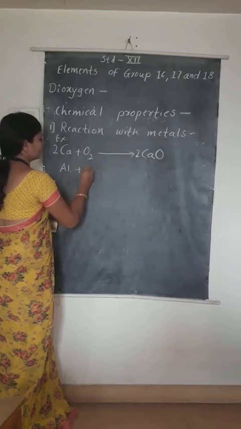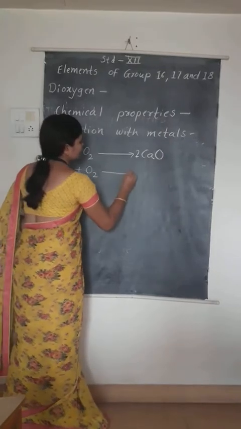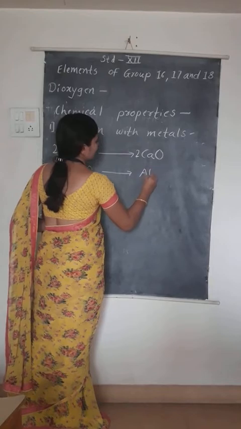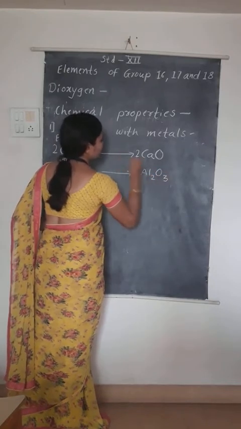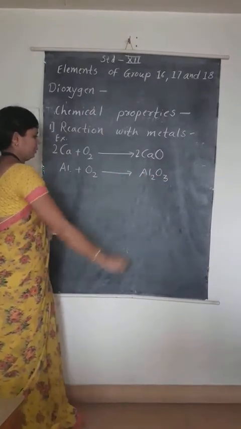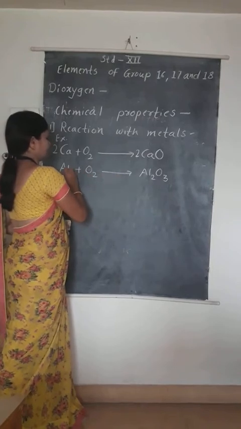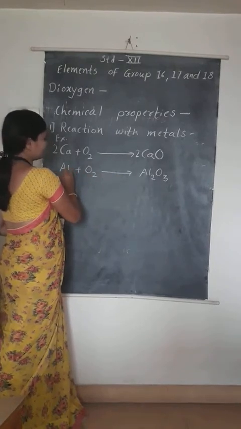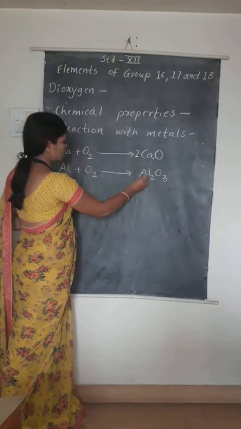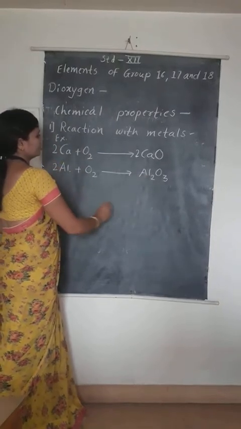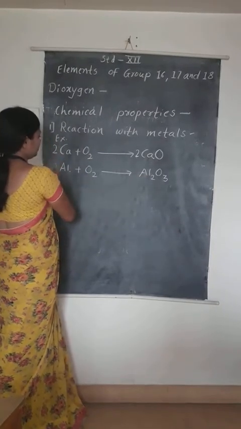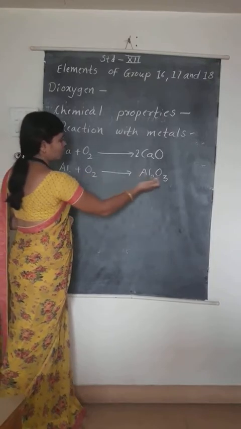Aluminium on reaction with oxygen gives the formation of aluminium oxide, Al2O3. Here number of aluminium atoms on reactant side is only 1. Here on product side 2. To balance, take here 2. Oxygen atoms on reactant side 2, on product side 3.